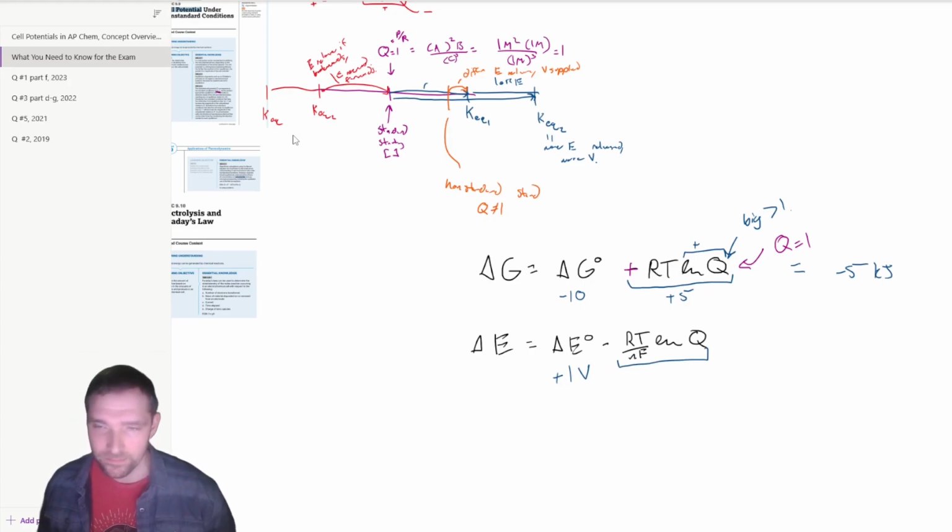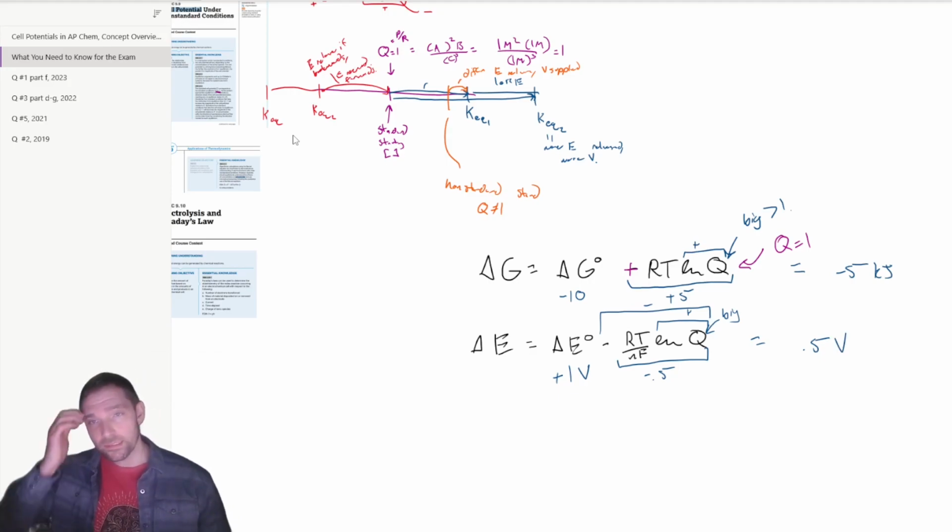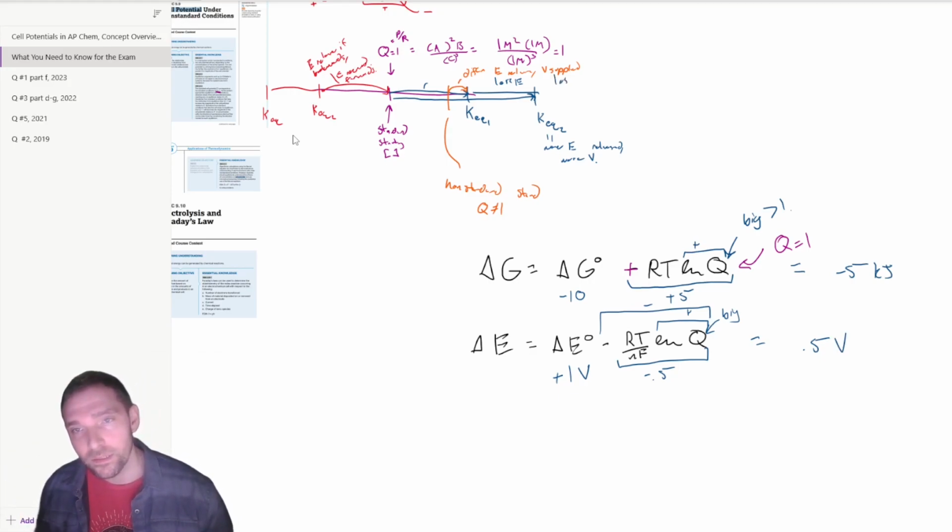And then maybe this is now minus 0.5, because if this is big, then that means this whole value is positive within the ln, which means with the minus, you're going to have to end up subtracting that. So you end up with a voltage that's not quite as positive here. So it's less of a positive V in this situation.